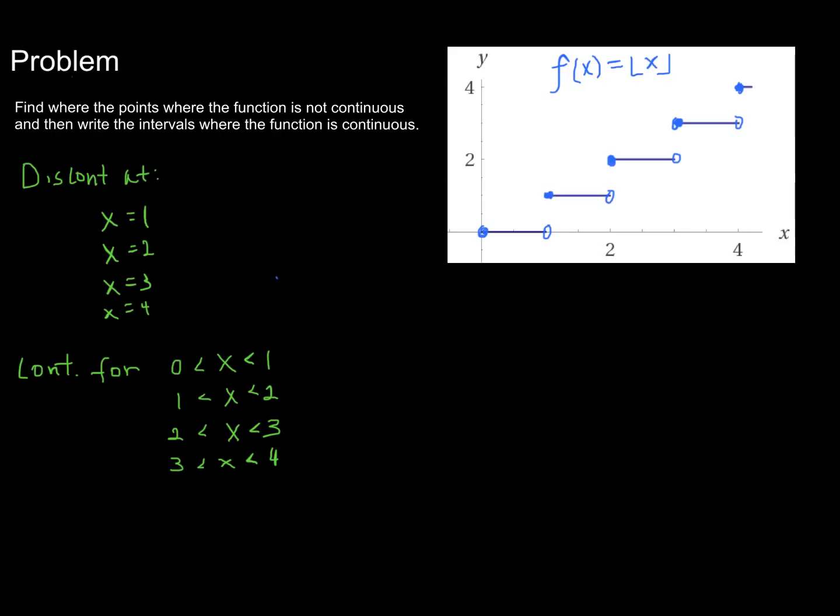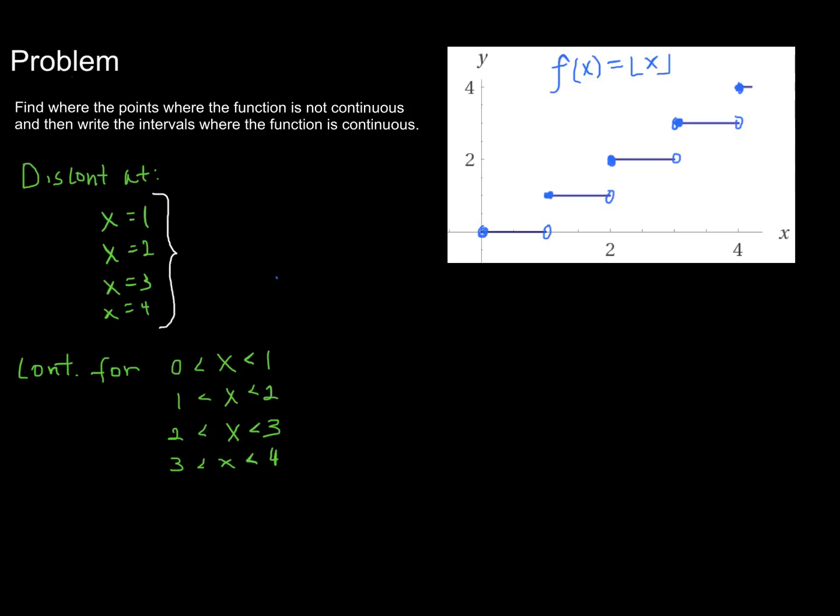My guess is you had no trouble identifying the points where the function was discontinuous. Clearly at x equals 1, 2, 3, and 4, the function fails to be continuous. The important piece here is that you're able to identify and support your answer with a valid reason.